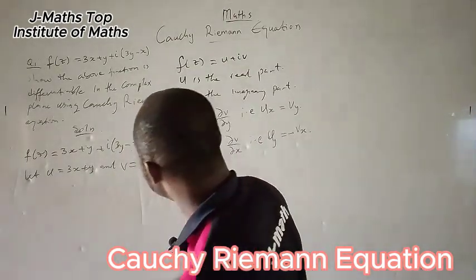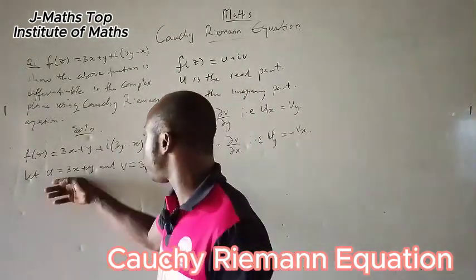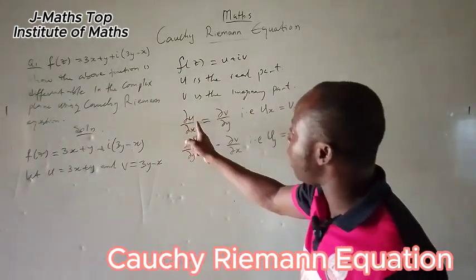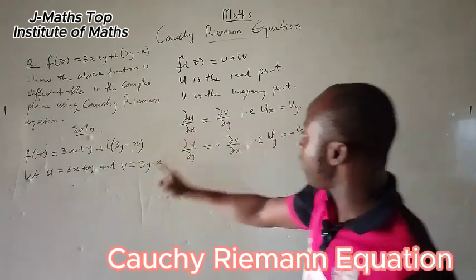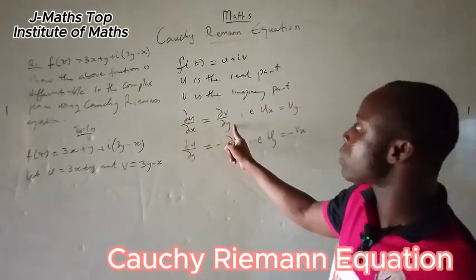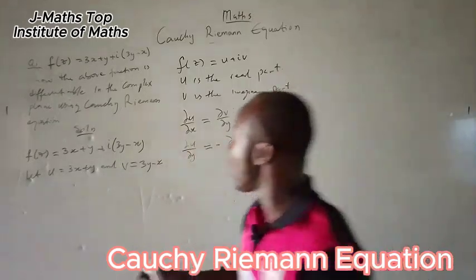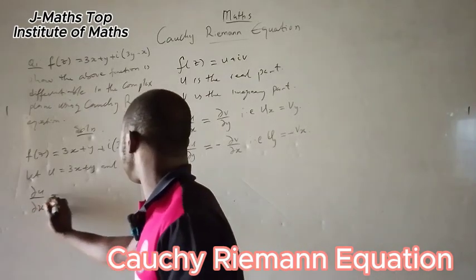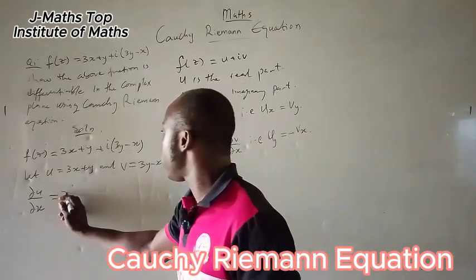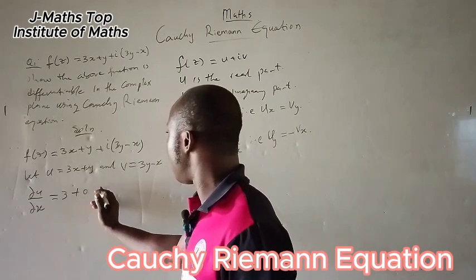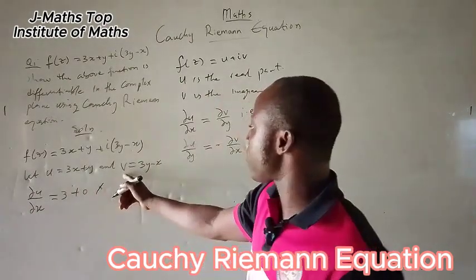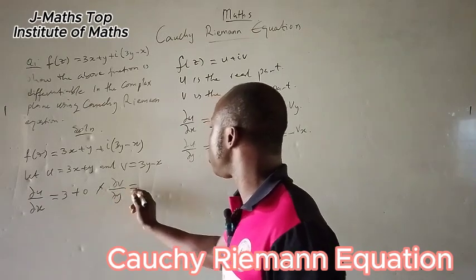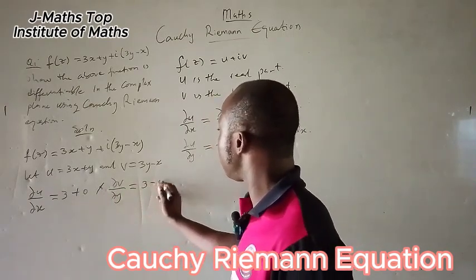Now, let's proceed. We first check the first equation: we differentiate u with respect to x and v with respect to y, and see whether they are equal. du dx is equal to 3 plus 0, and dv dy is equal to 3 minus 0.